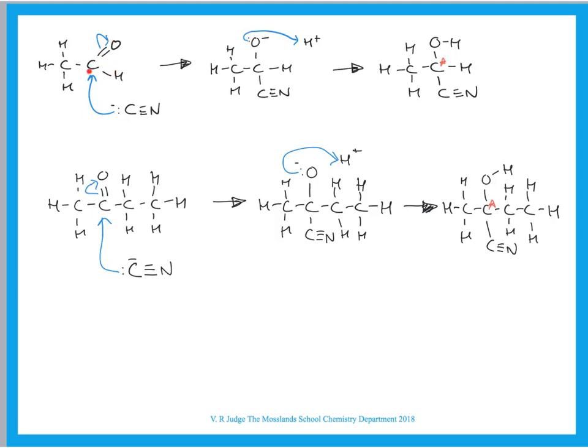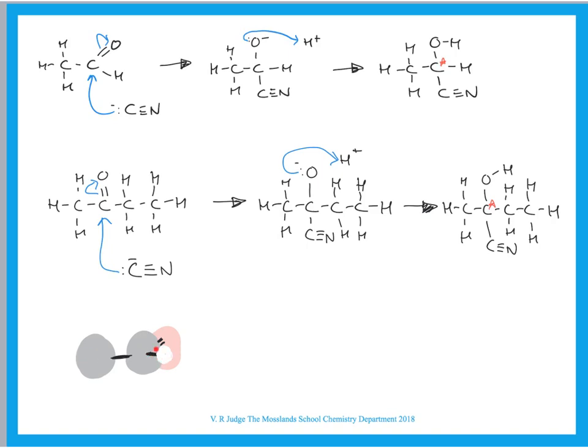So this trigonal area here is in fact trigonal planar, it is flat. Likewise, this bit here is also flat. So if I try and draw this on the side, if you can picture this as being the carbon of your carbonyl, so if we look at this area here, this carbon is this one here. It is double bonded to an oxygen pointing back into the screen, and it is single bonded to a hydrogen pointing towards you.